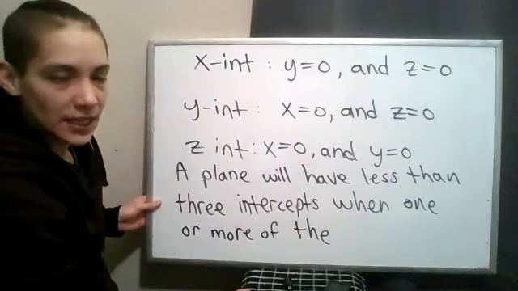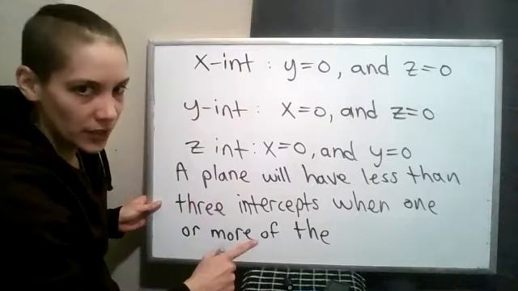So I made this mistake last time, and I thought the variable was 0, but it's the coefficient that's 0.